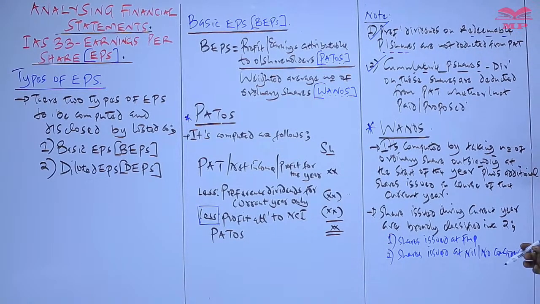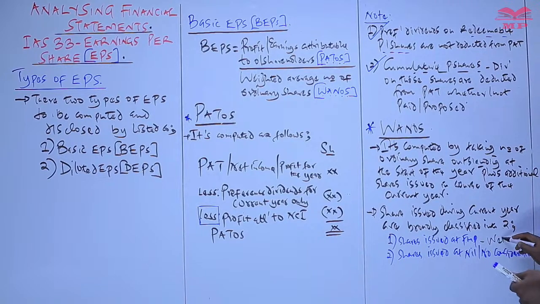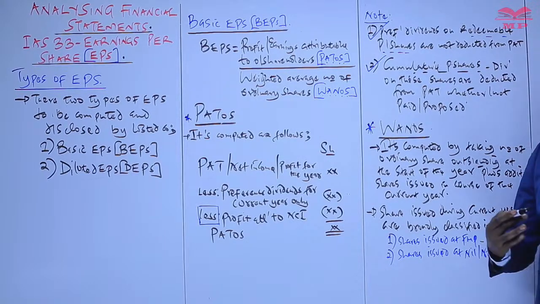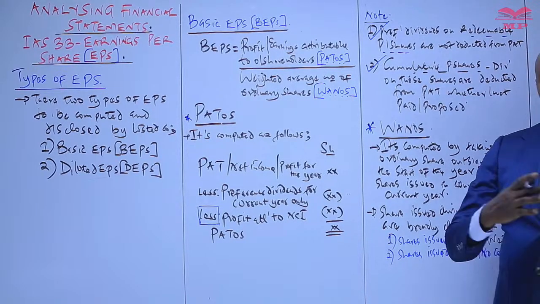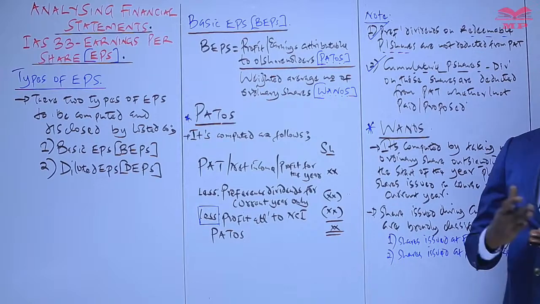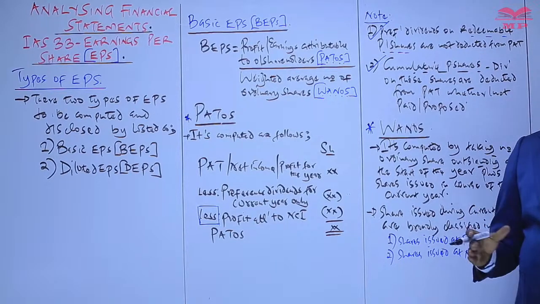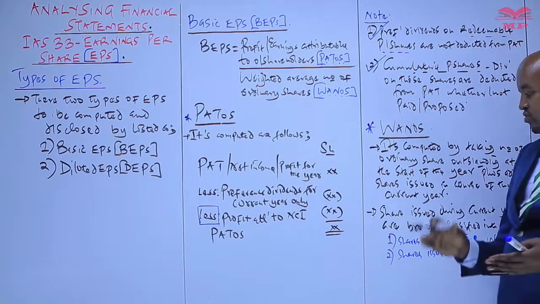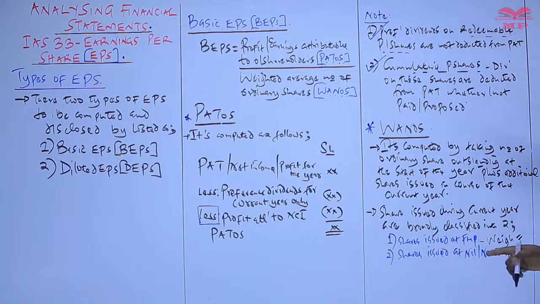For the purpose of computing the weighted average number of ordinary shares, we weigh them on time basis. What do we mean by weighing those shares on time basis? Those shares will be multiplied with the proportion of time the shares were held during that year. If the shares were issued 6 months to the end of the year, you multiply them with the proportion of time they were held.